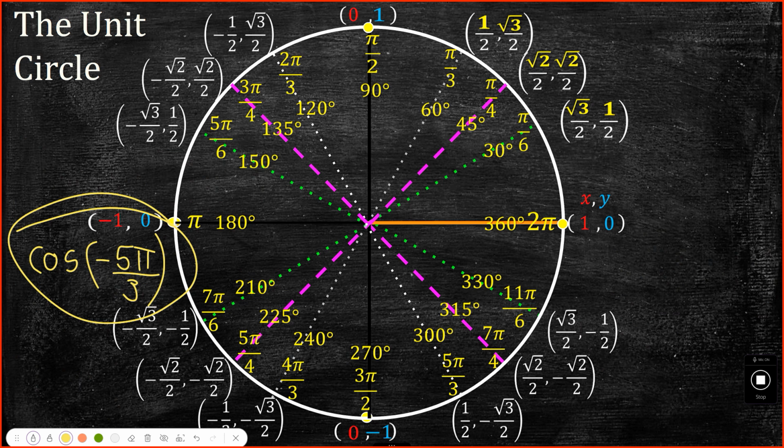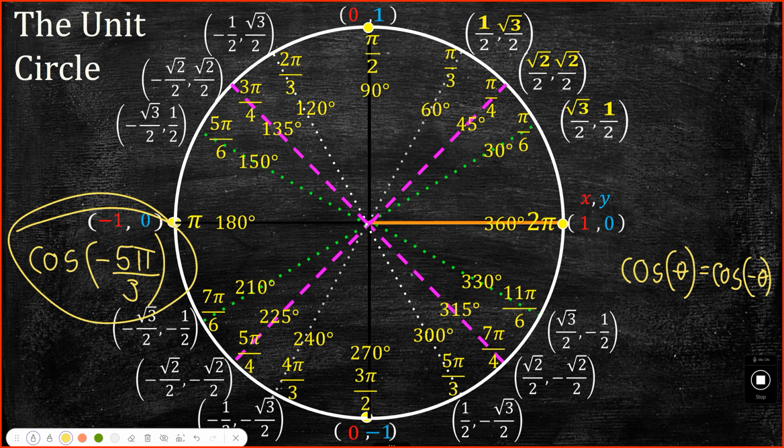What did I say about cosine theta? Cosine negative theta is cosine theta. So, cosine negative 5 pi by 3 will equal to what?